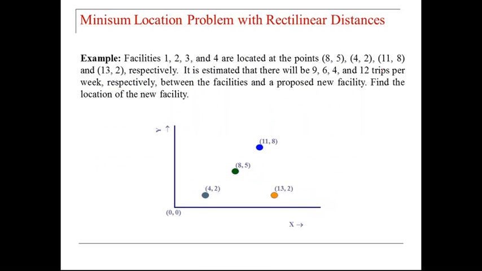It is also estimated that there will be 9, 6, 4, and 12 trips per week, respectively, between the facilities and a proposed new facility. And the question is, find the location of the new facility.